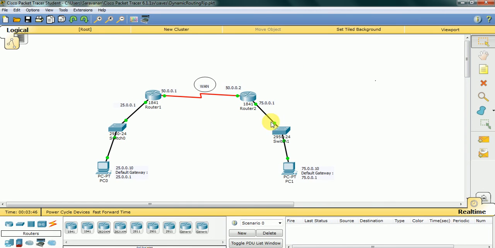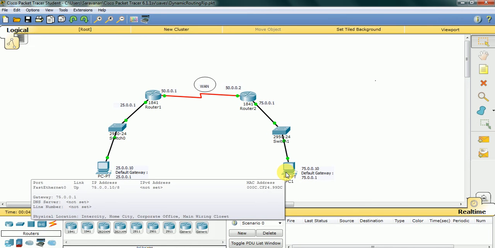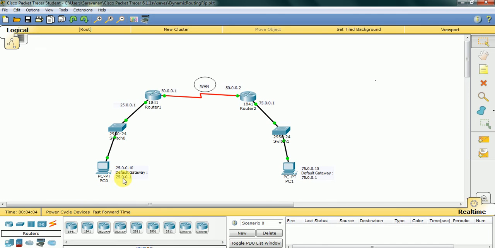Okay, so to explain this, I have this network topology. This particular system represents a LAN, same like that this particular system represents a LAN. When I want to communicate from this system to this system, let us try now. IP address of this system is 25.0.0.10 and IP address of this system is 75.0.0.10.